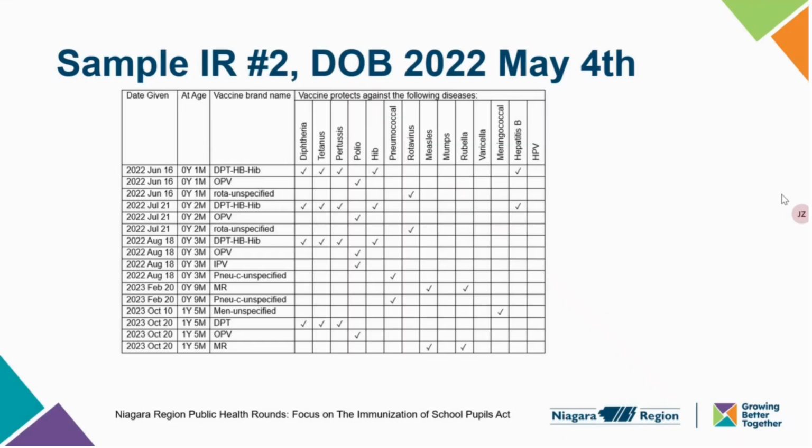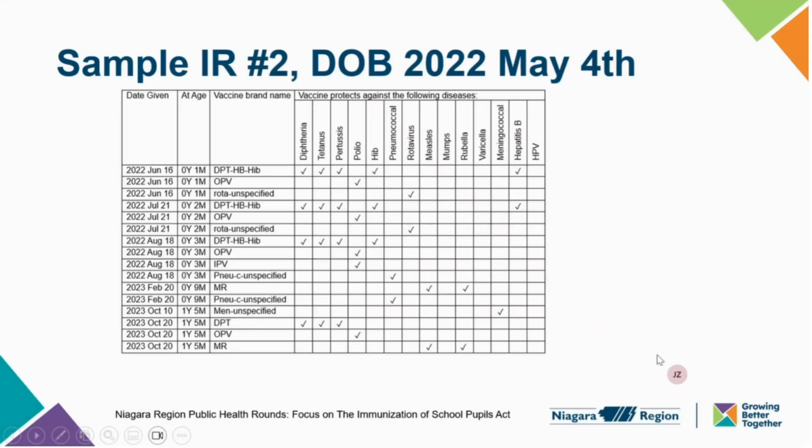And their DPT series actually follows the publicly funded schedule quite well. Their 4th dose was at 17 months, not 18 months of age, but that's okay because those 4 should typically be at age greater than 1 year and 6 to 12 months after the 3rd. So they're good on that one.